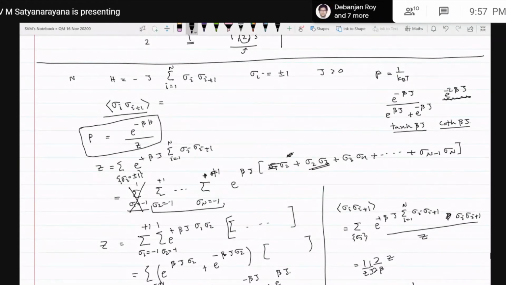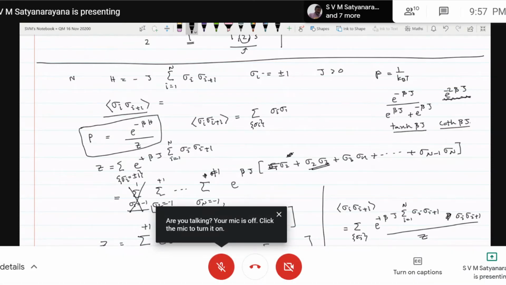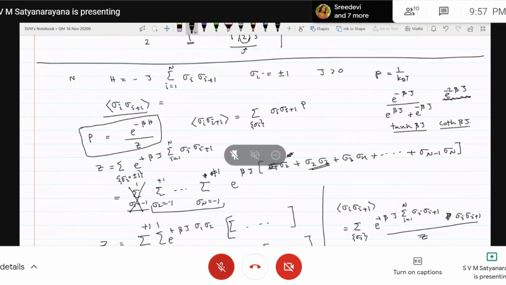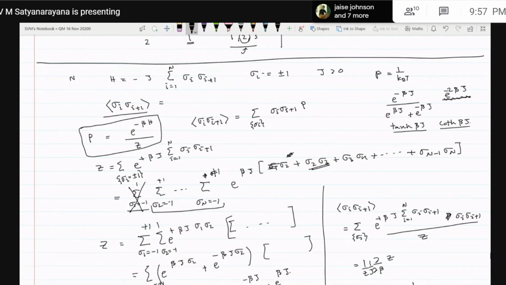So now, if I want to write down this, this is an ensemble average of σ_i σ_{i+1}. That is nothing but sum over all these σ_i's, σ_i σ_{i+1} into the probability. Okay, and now that probability is e to the minus βH divided by Z. Correct.